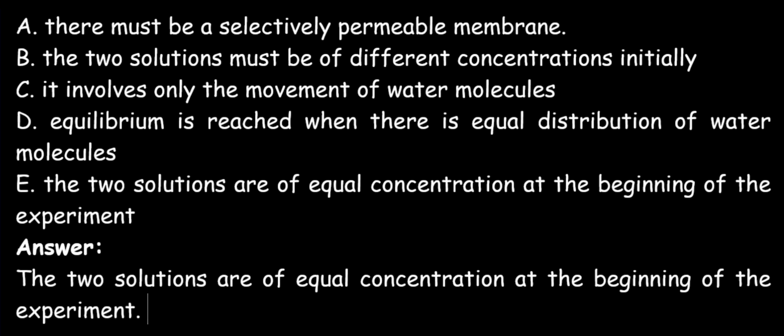This is because at the beginning of osmotic processes, the two solutions are not of equal concentration, but rather they must be of different concentration. For osmosis to occur, two solutions must be of different concentration, and these two solutions must be separated by a semi-permeable membrane.